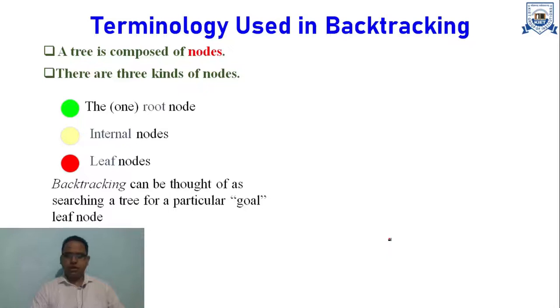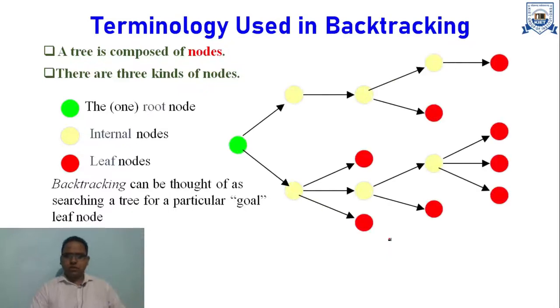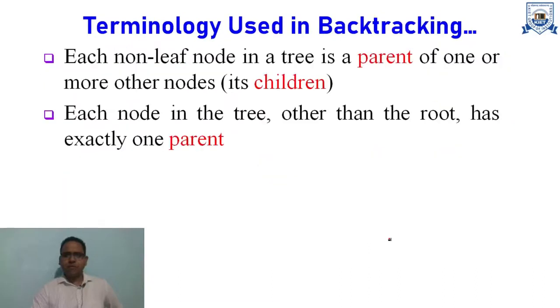Here you can see we have one root node colored in green, some green internal nodes, and some red ones that are called leaf nodes. We have a tree-like structure, and we are doing a depth first search approach to get our best solution for the given problem.